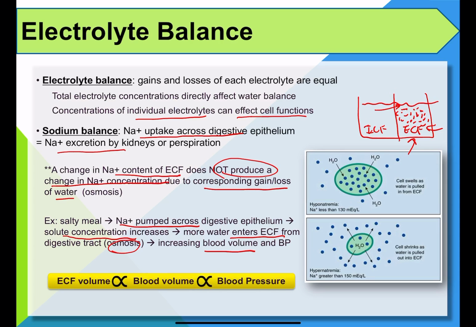So make sure you remember that ECF's fluid volume is always directly proportional to the blood volume, which will always affect your blood pressure. That's why if you have hypertension or chronic high blood pressure, you have to avoid salty meals and salty foods, because that's only going to make it worse.